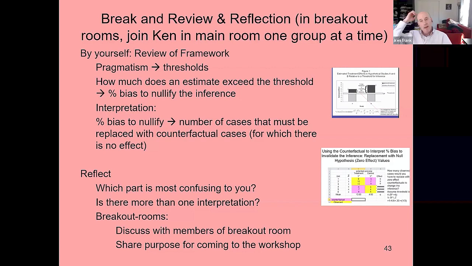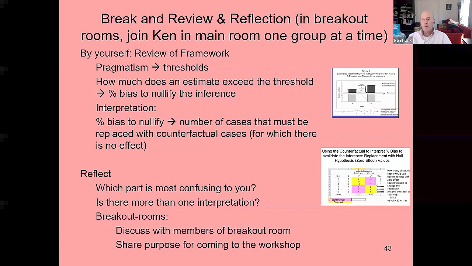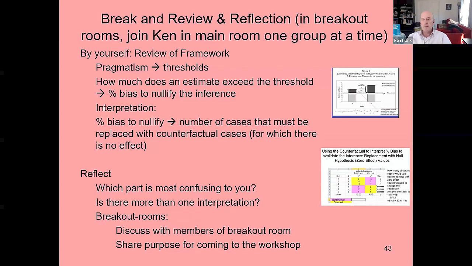Yeah, that's a good question. It's a deep question. The techniques that I'm presenting here can all be extended, and in some of our work we do, to the fact that you might not have a single threshold, that you're just interested in the estimate and the conditions that would change the estimate.